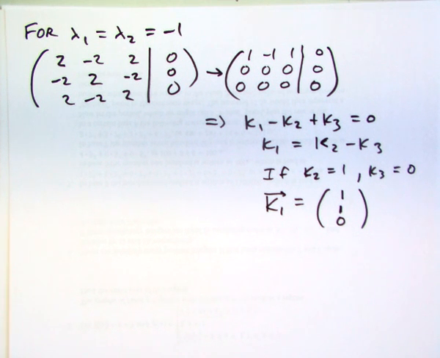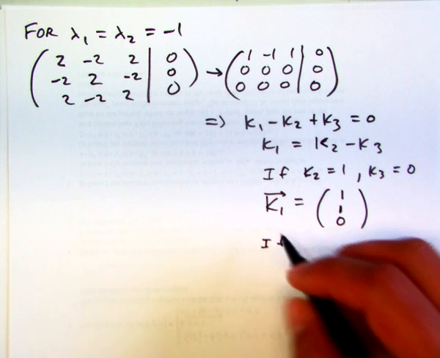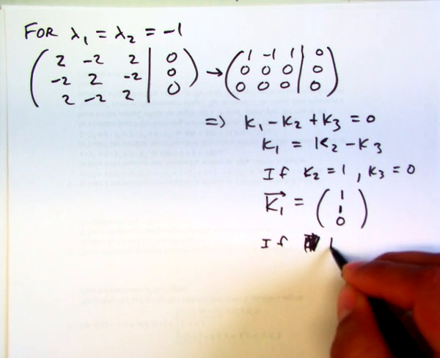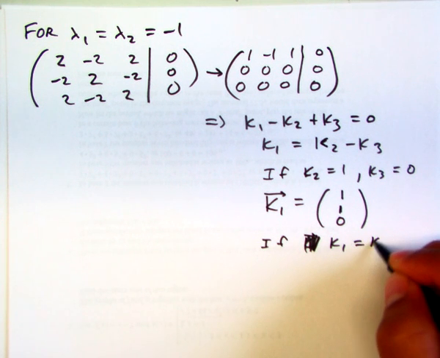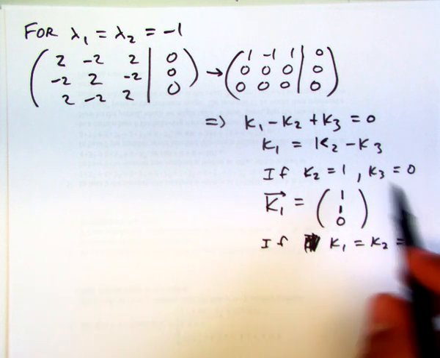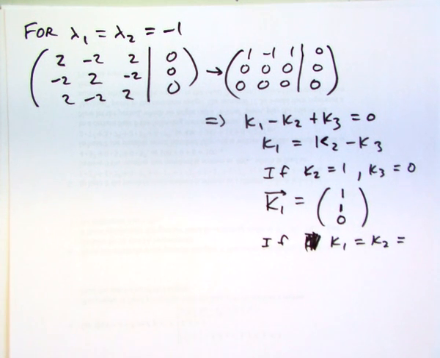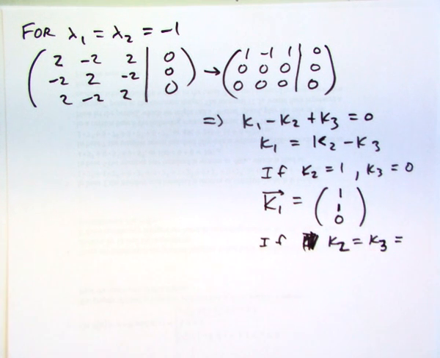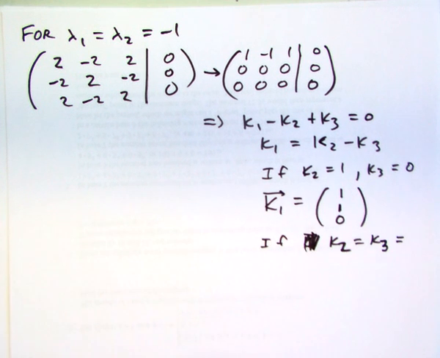What if we let k1 and k2, whoops, not eigenvector. What if we let k1 and k2 be the same? No, that's not what I meant to say. What I meant to say was k2 and k3, so that now if these two are the same, what's k1 always going to be? That's 0.